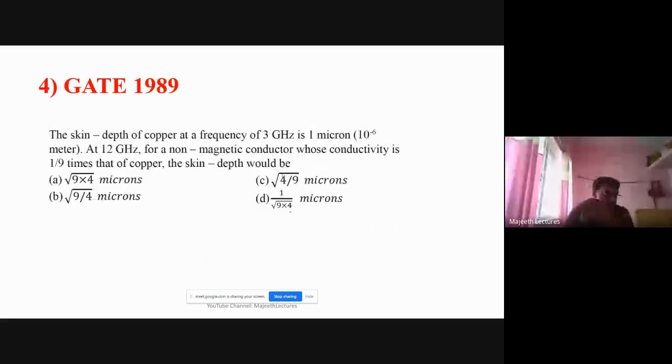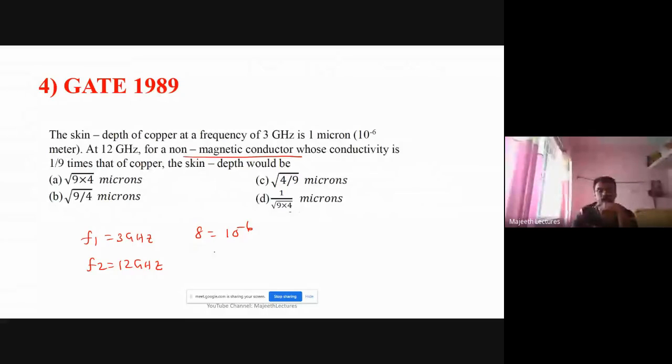Fine. And the next one, which is the skin depth of copper at the frequency f1 is equal to 3 gigahertz. Skin depth they have given 1 micron, 10 power minus 6. At f2, 12 gigahertz. It is a non-magnetic conductor. Conductivity is 1 by 9 times that of copper.